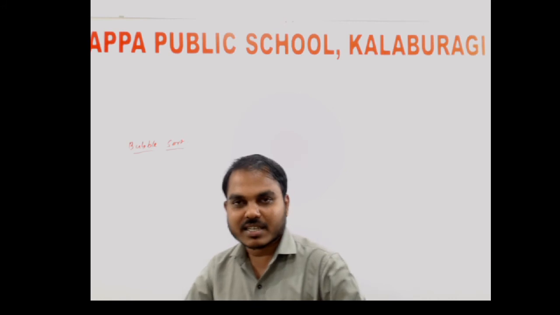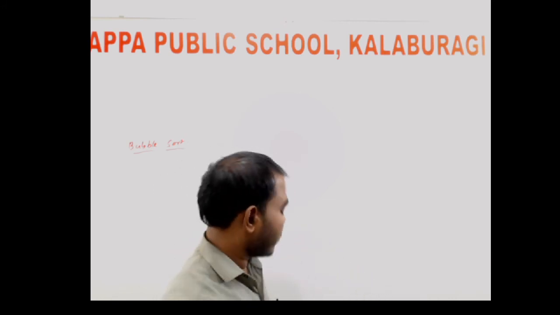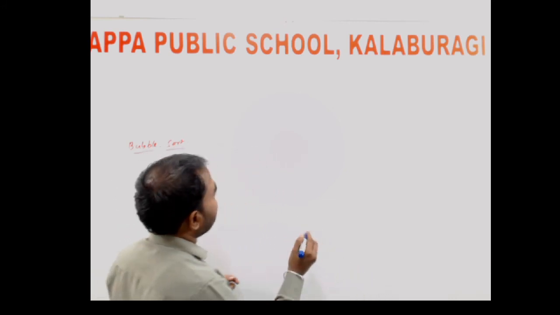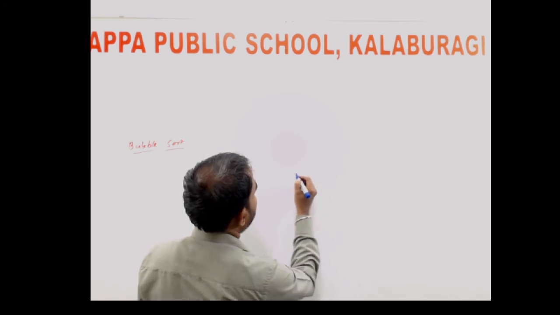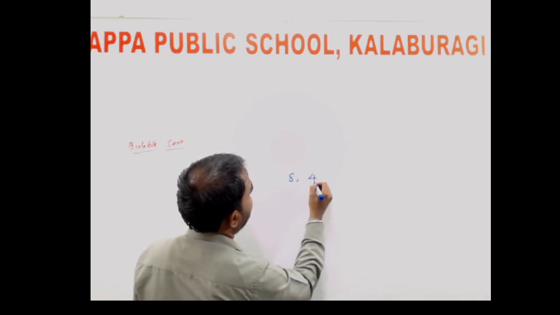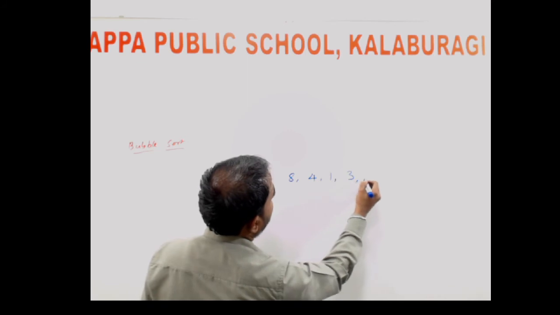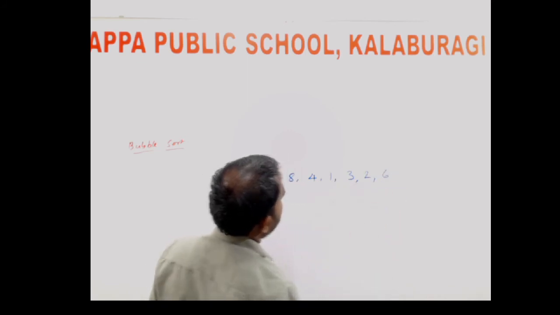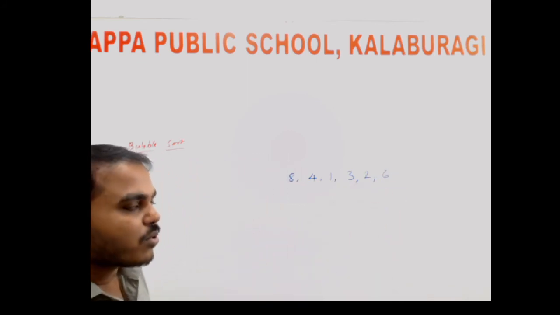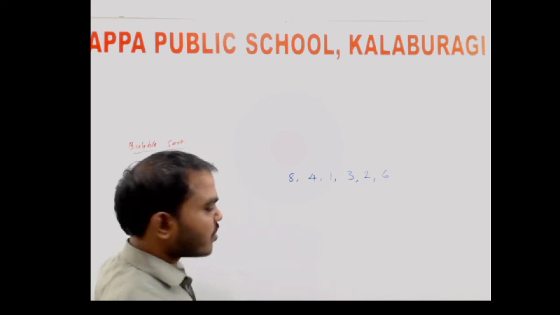Okay, we'll see the bubble sort method or algorithm here. Here we have some tracing of how exactly it works. I'll take some random numbers like 8 4 1 3 2 6. These are the numbers we have to sort by using the bubble sort method, right?